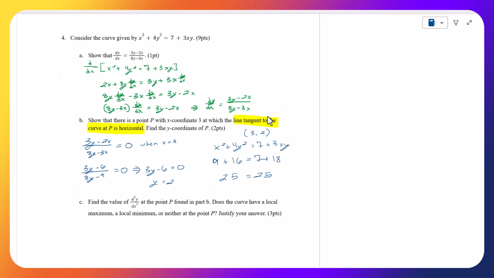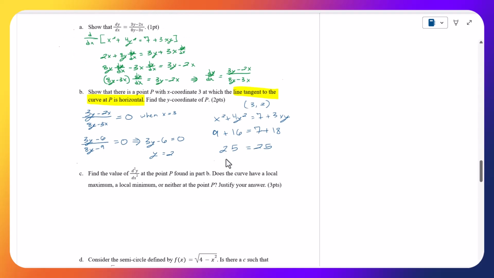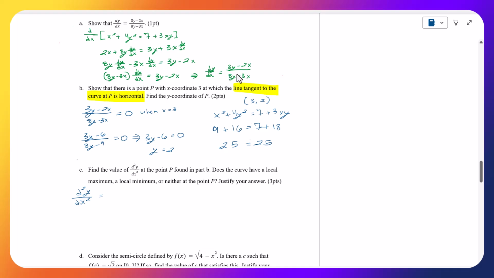Okay, so first part, we need to find the derivative at point P. So let's just start with d squared y over dx squared equals, this is the derivative with respect to x at this point here. So let's take the derivative with respect to x of our derivative.